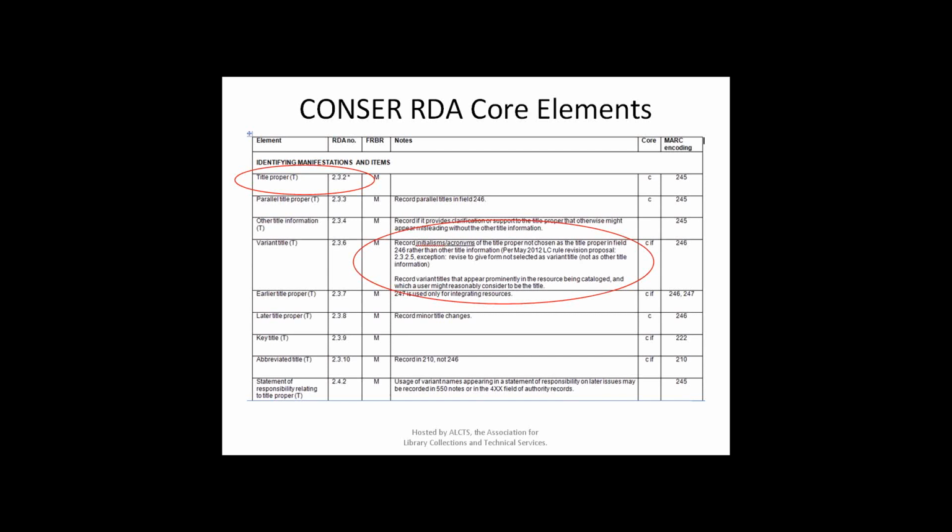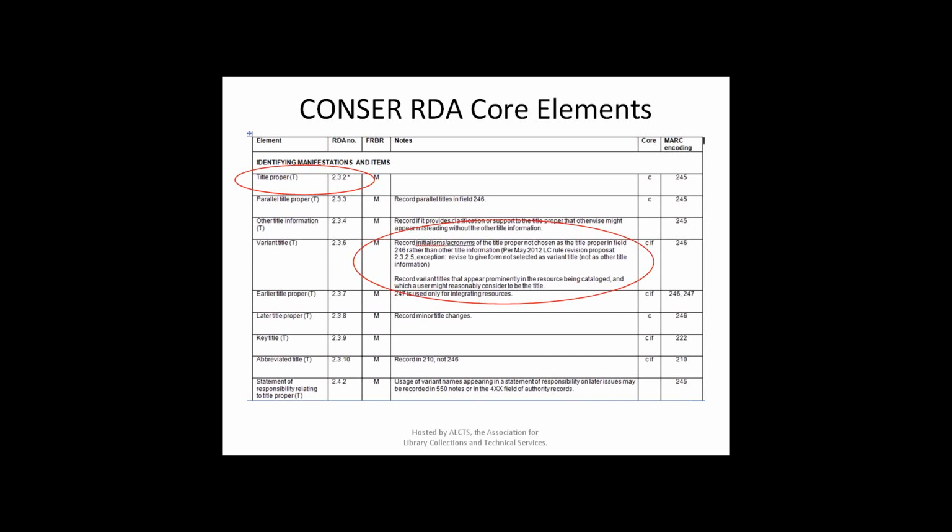So this document really melds together our decisions on CONSER core RDA elements, and it also carries over our CONSER standard record practices. And in this particular case, I just wanted to point out the CONSER standard record practice for recording initialisms and acronyms that appear in conjunction with the title proper on the same source. The full form is chosen as the preferred title proper, and the initialism or acronym is recorded in a 246 field.